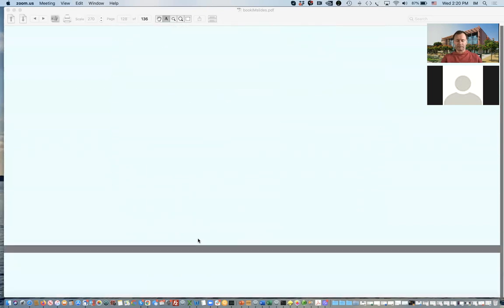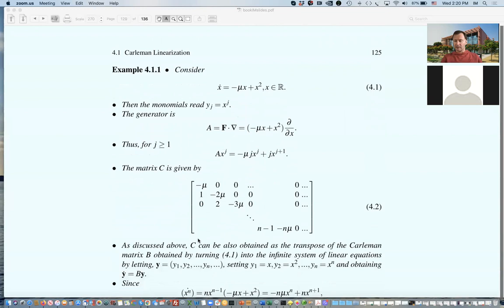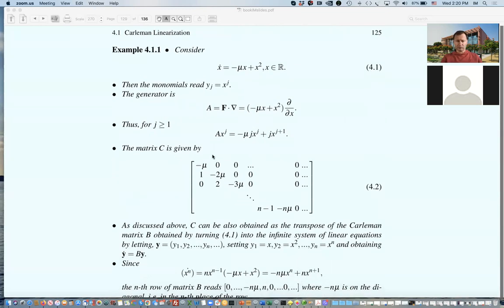All right, so it's instructive to do an example. We're going to consider a typical nonlinear system. This one is x dot equals minus mu x plus x squared, where x is an element of R, so just a scalar. For mu positive, this system has a state space that looks something like this. There is a fixed point at 0, and there is a fixed point at mu.